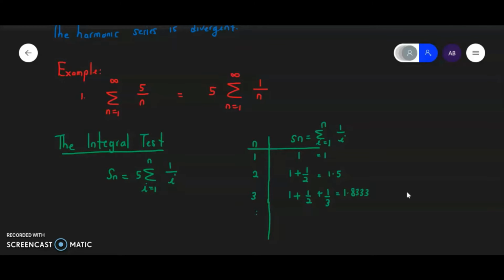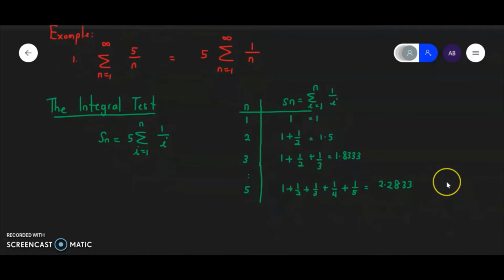Now when n is 5, you can see that my partial sum will be 1 plus 1/2 plus 1/3 plus 1/4 plus 1/5. That would give me 2.2833.